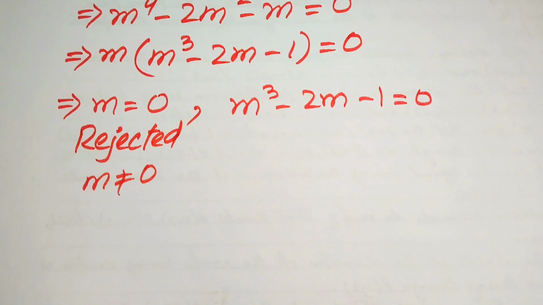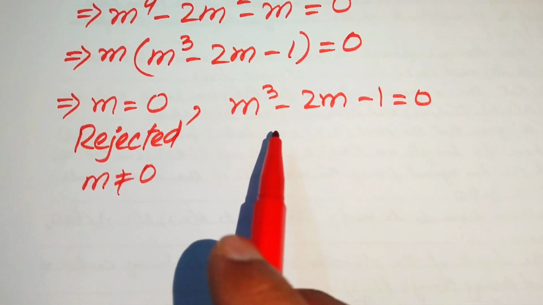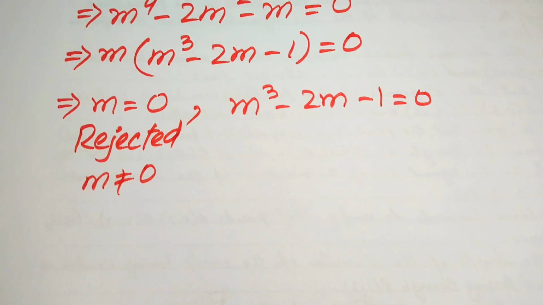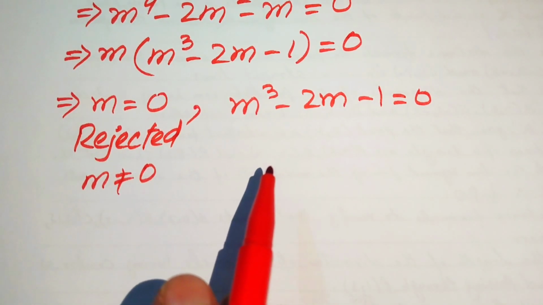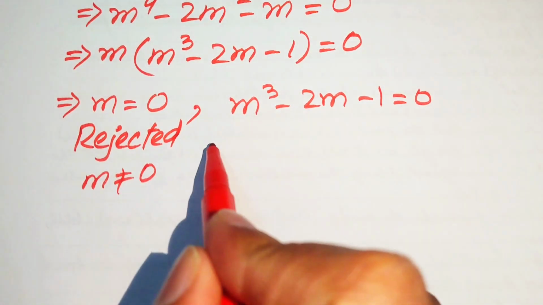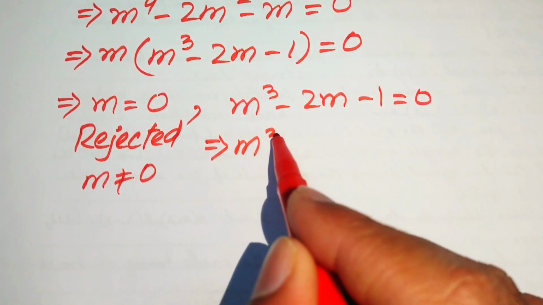Now we need to simplify this cubic equation and find all three roots. We need some working on the left hand side, where we have m cubed.